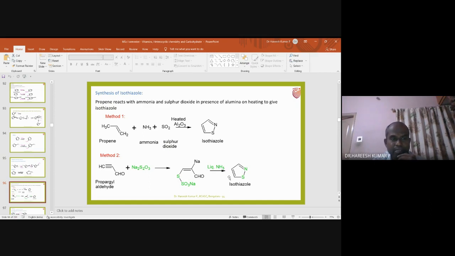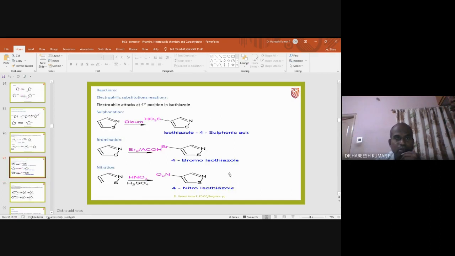The next slide will give you information about reactions of isothiazole. When isothiazole is subjected to sulfonation, we get the electrophile. What is the electrophile here? The sulfonium ion, SO3H plus.